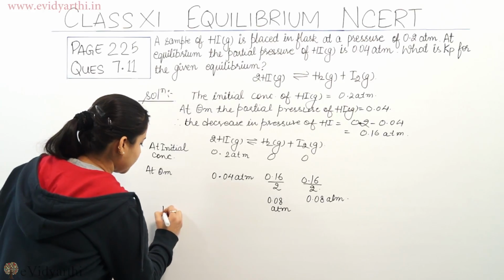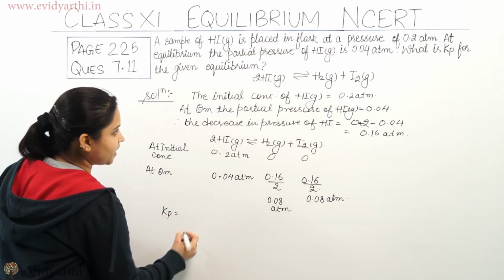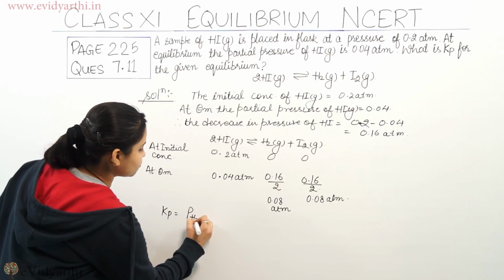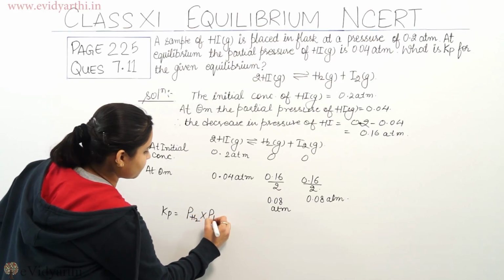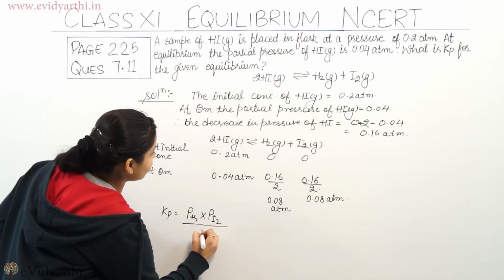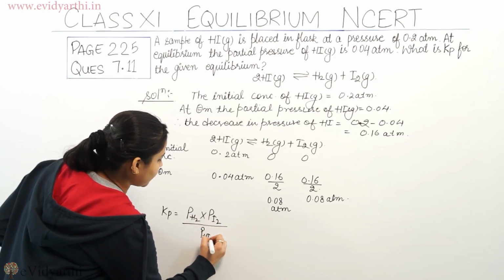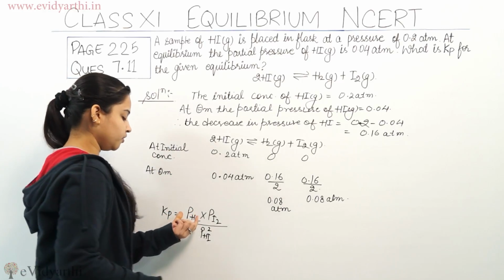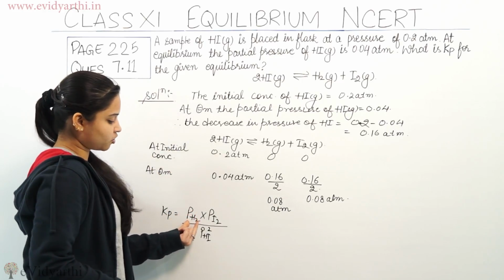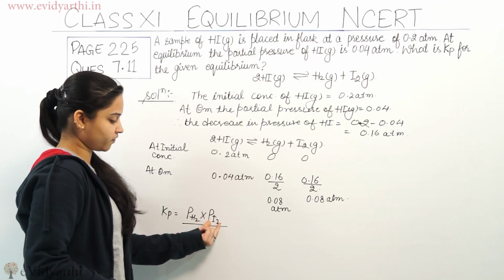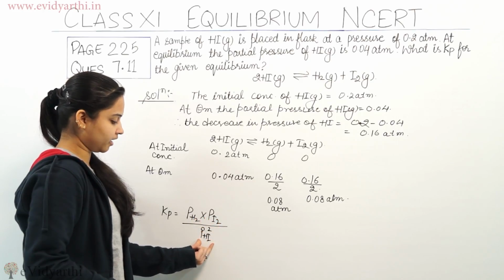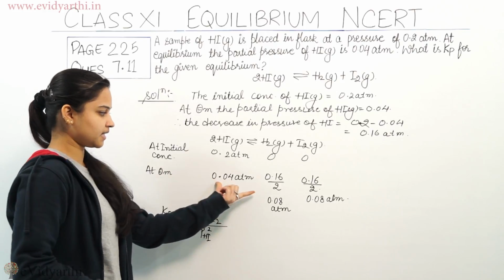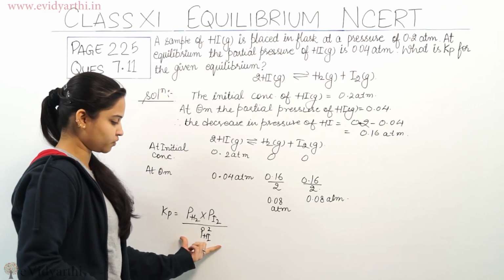Now see what our Kp is. Kp is equal to the partial pressure of H2 multiplied by the partial pressure of I2 divided by the partial pressure of HI having the stoichiometric coefficient 2. So we have the values of the partial pressure of hydrogen, iodine and hydrogen iodide at equilibrium. So these are the values and we will substitute them over here.